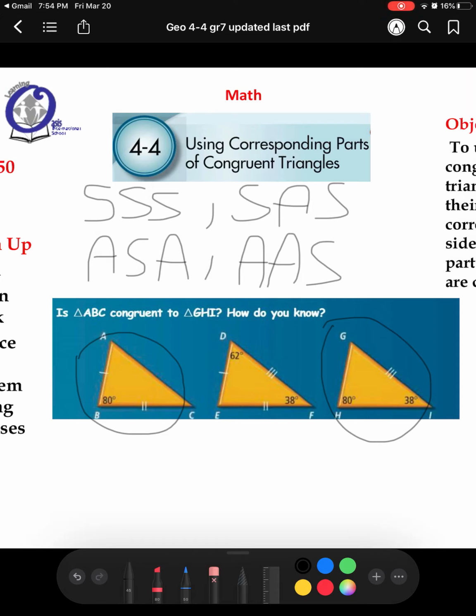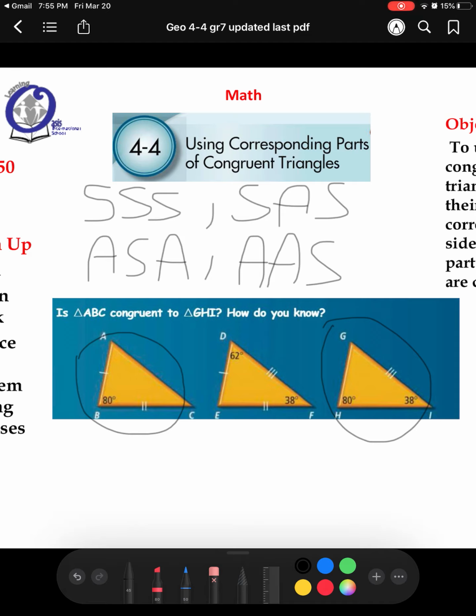Now, he marked AB congruent to DE, but he didn't mention any side of GHI, so I cannot consider this. BC is marked with 2 lines, which is not mentioned in the second triangle, GHI. So I don't have any information about the sides.